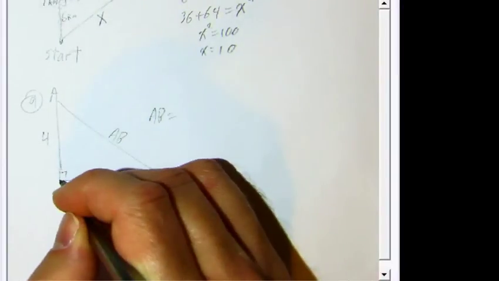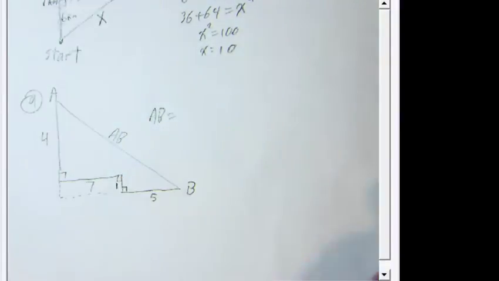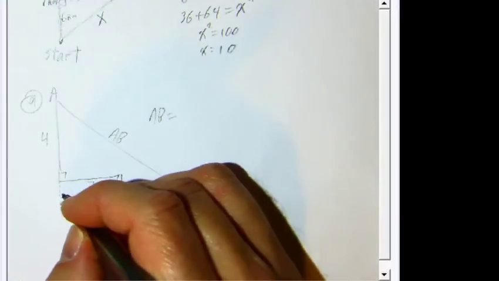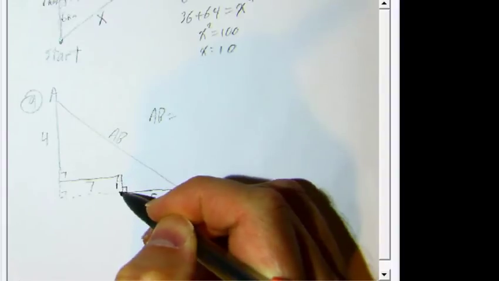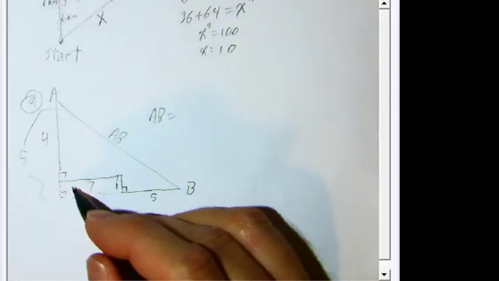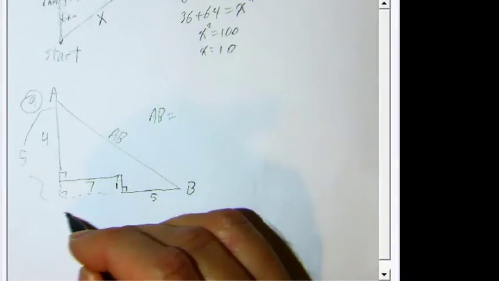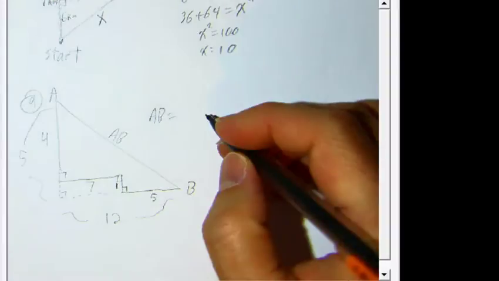We pretend like this triangle is bigger, like this. Now, once it's bigger, then we can say, okay, well, this was 4. This piece here is 1, which makes now this bigger side 5. This was 7, and this was 5, which makes this bigger side 12. And then we use Pythagorean theorem again.